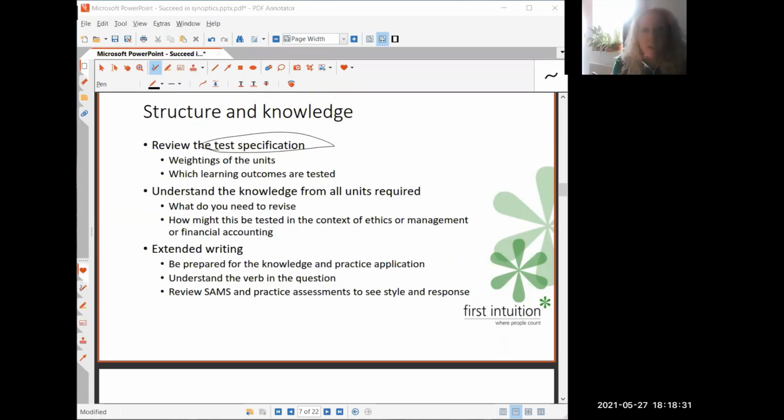So we're going to be looking at being tested on our understanding of ethics within a financial or a management accounting role, scenario, context. We'll be tested on spreadsheets in a financial accounting or a management accounting environment. So that's where it becomes Synoptic and all of those things linked together.